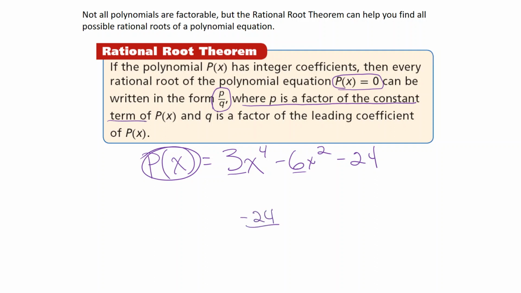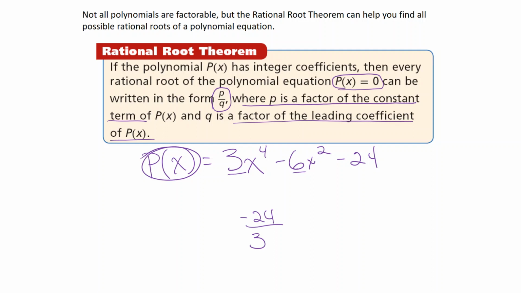It's all the factors of negative 24, and q is a factor of the leading coefficient, and that in this case is 3. All right, so all of that whole string of numbers that we had is what could be a factor of that. Okay, but those are the ones we could choose from.